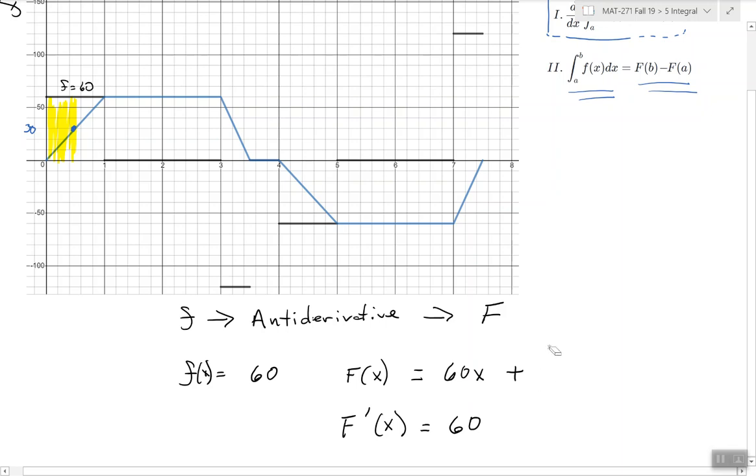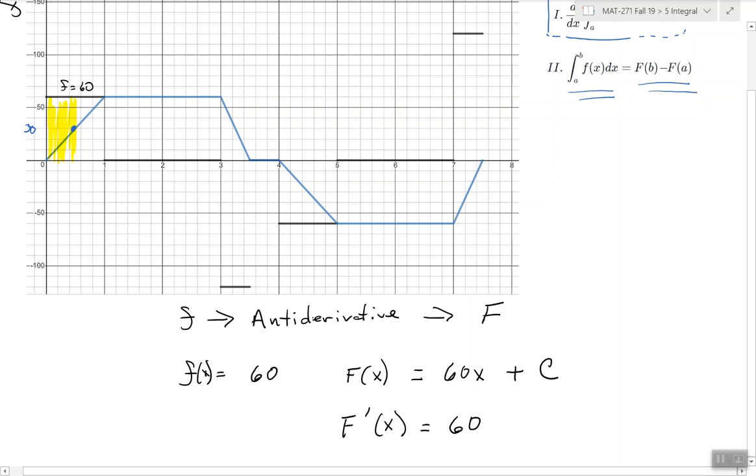Well, what if instead of 3, it was 75? It doesn't matter. This constant falls out, so that's also 60. So what we have to say is that when we take the antiderivative, we always have to put a plus c, because this could be any number over here.